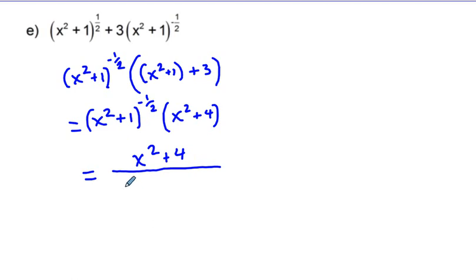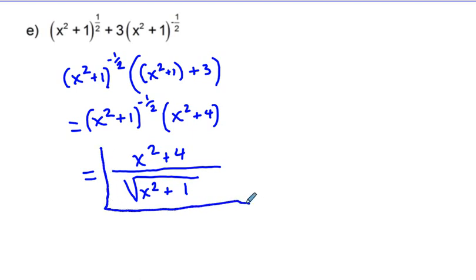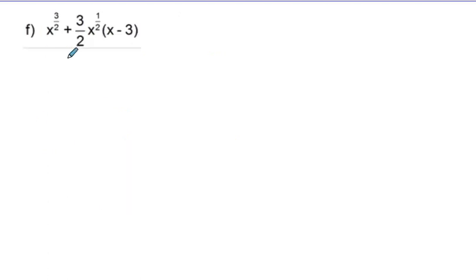In the denominator, we're going to have square root of x squared plus 1. So that's going to be as simplified as we can make this. And I think this is good for all real numbers. Anyway, let's go on to F.